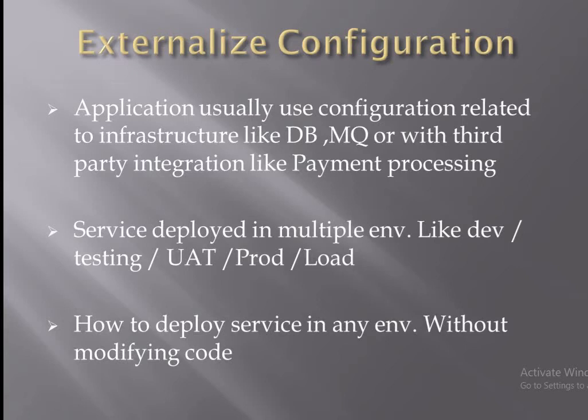If every environment has its own infrastructure URL, so for the testing environment you have a separate DB connection, for the UAT environment you have a separate DB connection, for the prod environment you have a separate DB connection, then changing in each environment is a very tough process because you have multiple services and it is not possible to change each service.